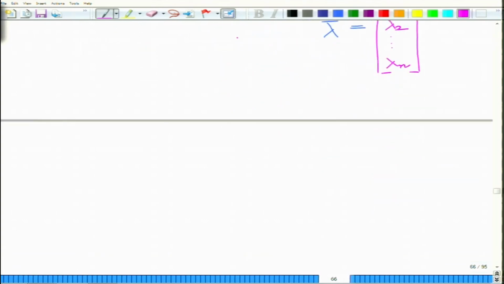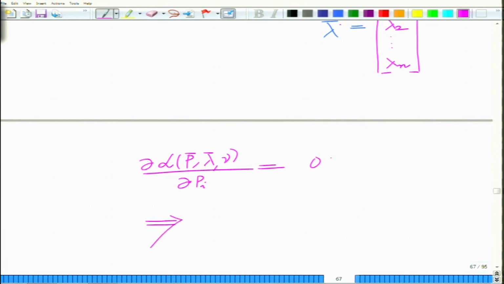Now, differentiate this with respect to P_i.